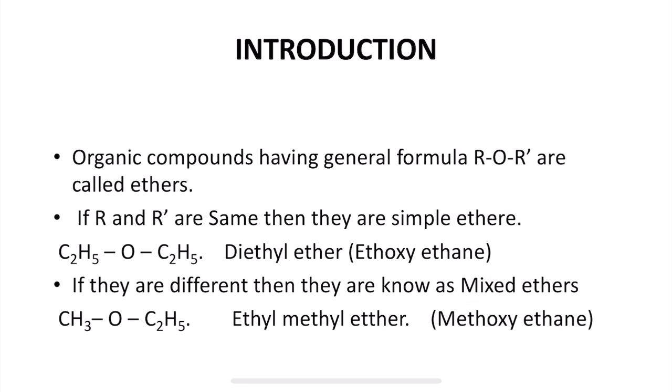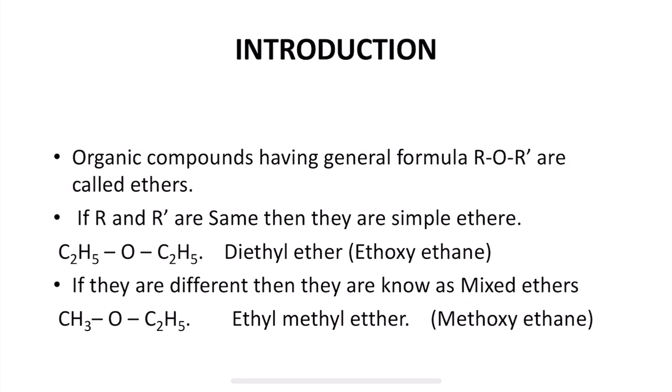So how are we going to do the nomenclature of ethers? We write the names of the two alkyl groups first, which are bonded to the oxygen. The oxygen atom must be present in all ethers.